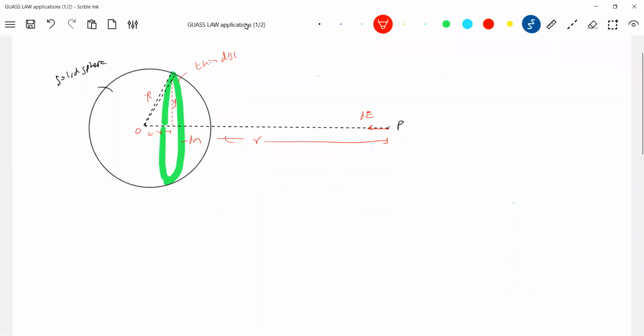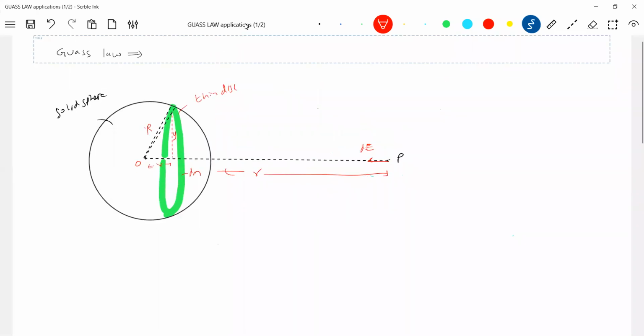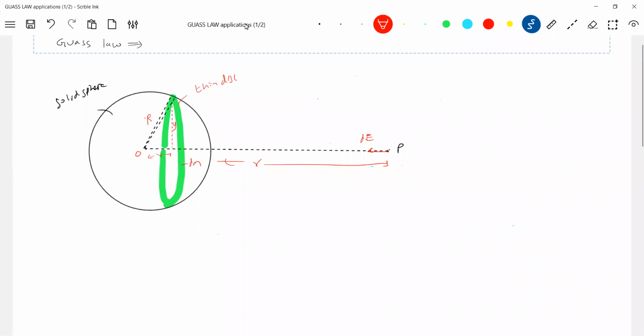What does the Gauss law say? It says that the integral of E bar dot ds is equal to 4 pi g into m. What is m? This is for the field. And what is ds?